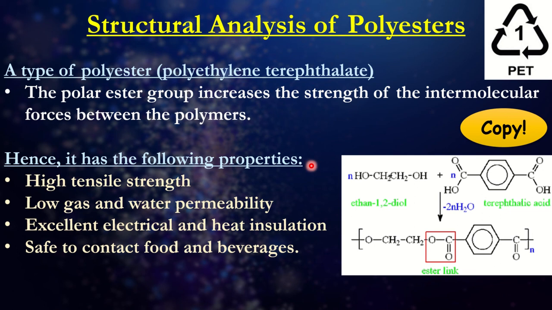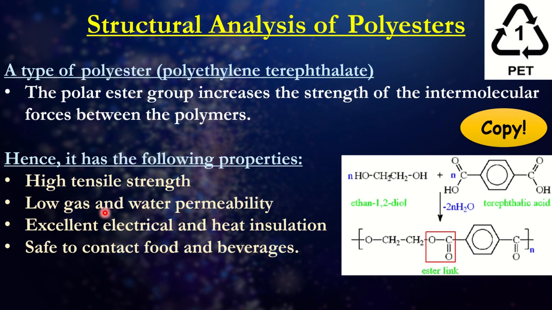An example of polyester is polyethylene terephthalate. If we look at the ester group we have here, it's a polar bond. Between this carbon and this oxygen, that increases the strength of the intermolecular forces of these polyesters. So it has really high tensile strength, and you can make it into really thick, strong fibers.